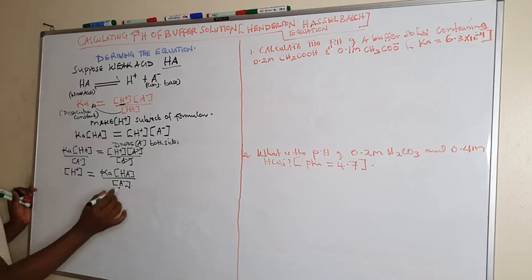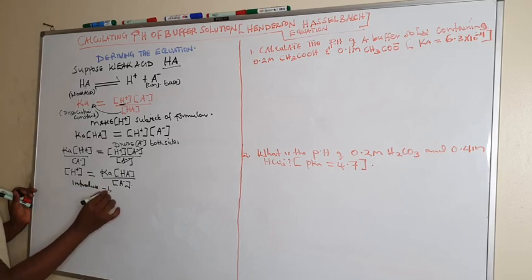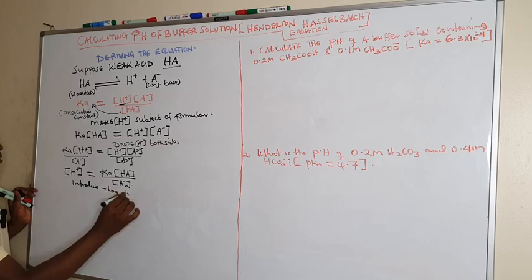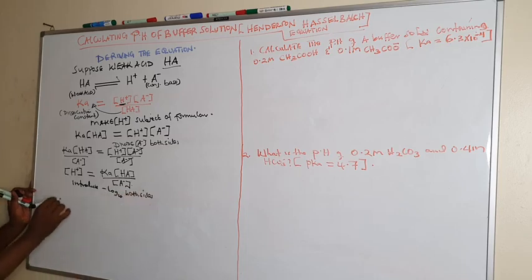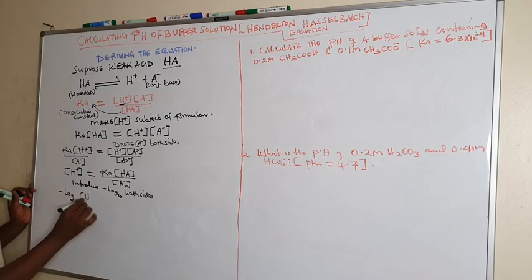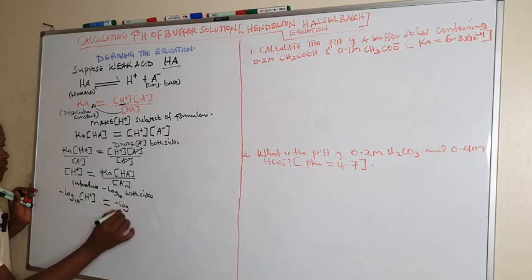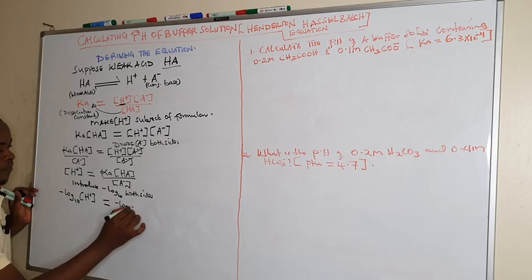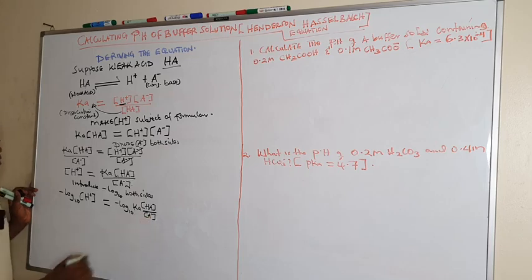What you are going to do is to introduce negative log base 10 on both sides, and I am going to get negative log base 10 of the concentration of hydrogen ion equaling negative log base 10 of Ka multiplied by the concentration of weak acid divided by the concentration of the conjugate base.